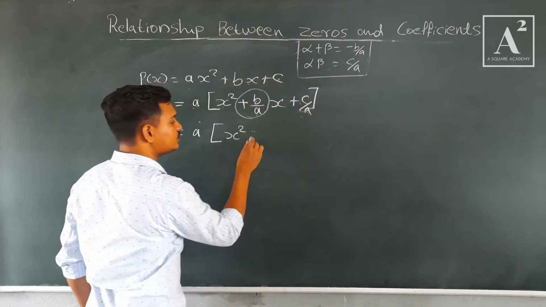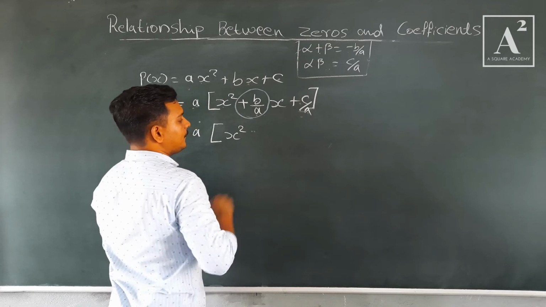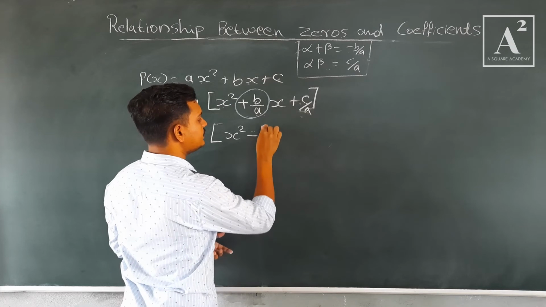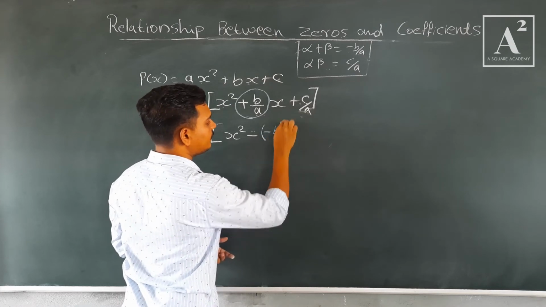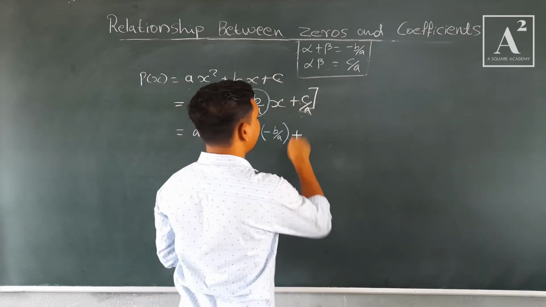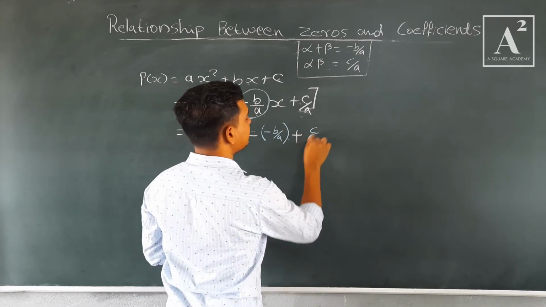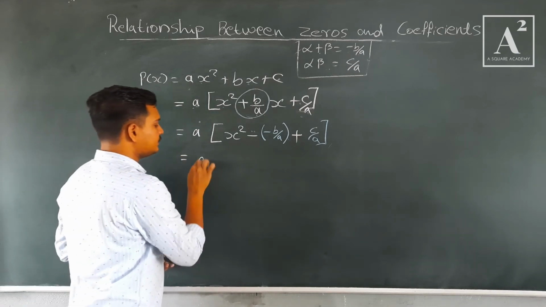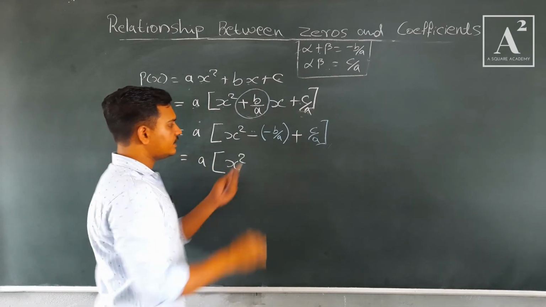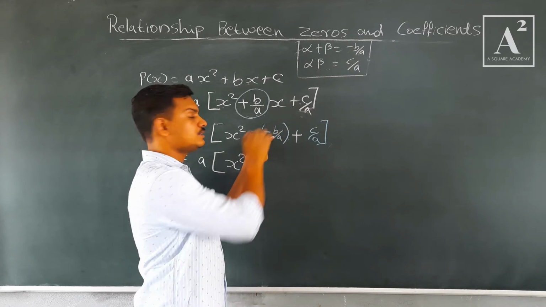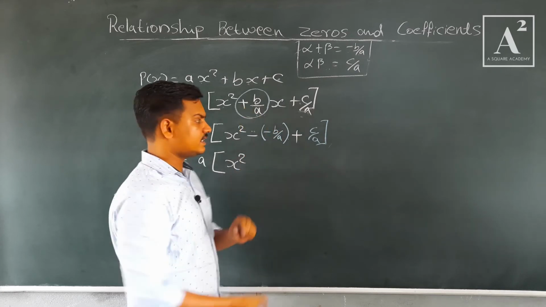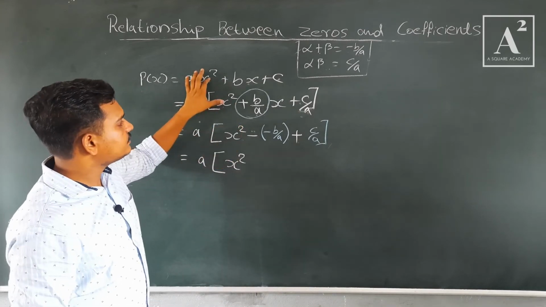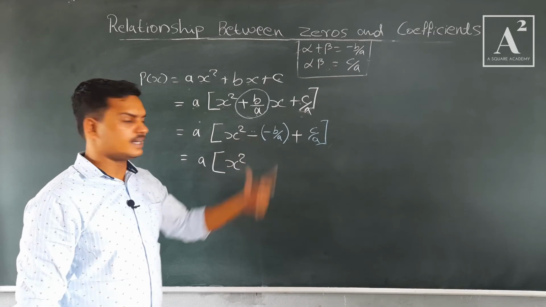So we can write this one as minus of minus b by a, plus c by a, similarly we can write. So that is equal to a times x square. Look, is it correct or not? Minus into minus, that is plus b by a, nothing else. I just rearranged here, I didn't do anything else. I just took the common factor outside and just rearranged this, okay.